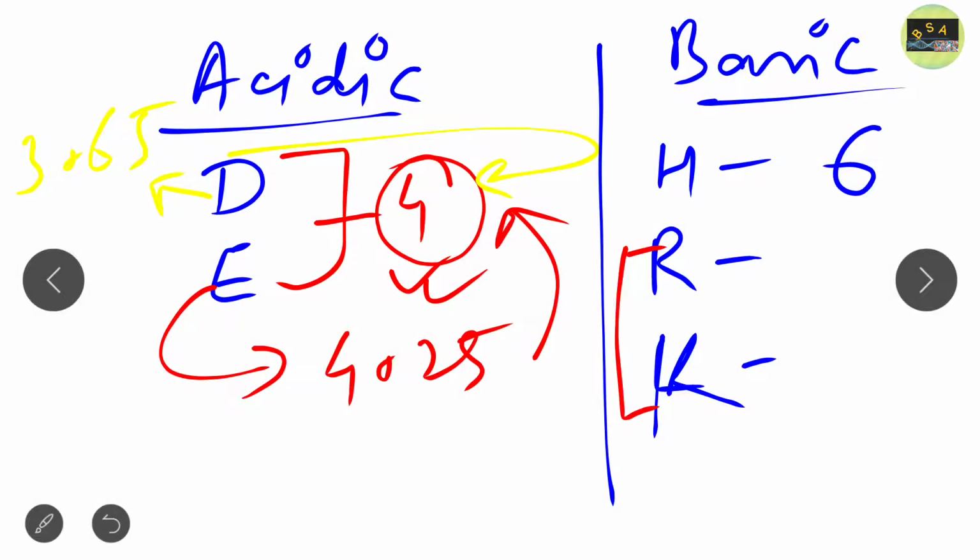Remember one thing, arginine is the most basic amino acid, so its pKr value is taken as approximately 12. The highest pKr value is of arginine, approximately 12, and the lysine pKr value is approximately 10. Clear? So now I hope that you can easily remember the pKr values for both acidic as well as basic, for these 5 amino acids.